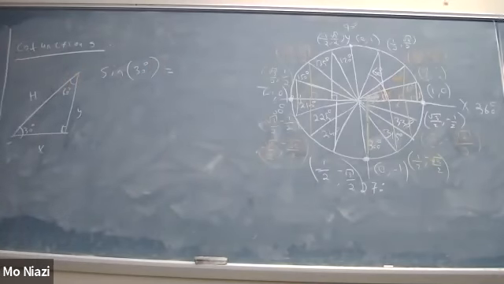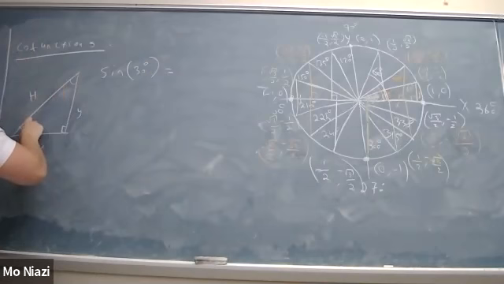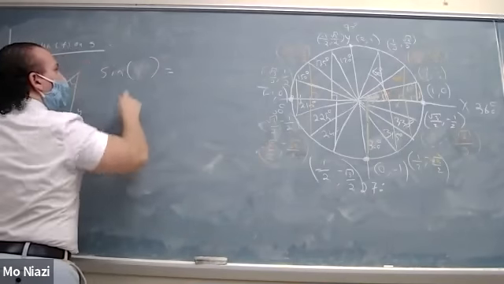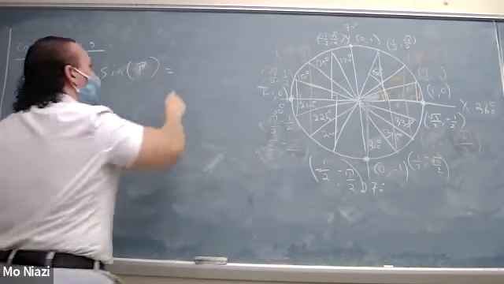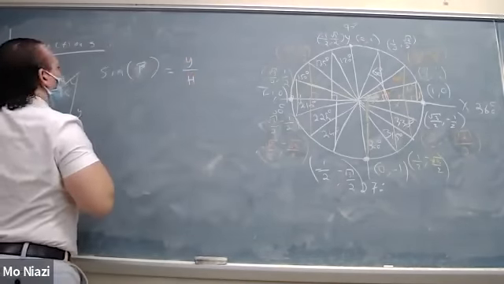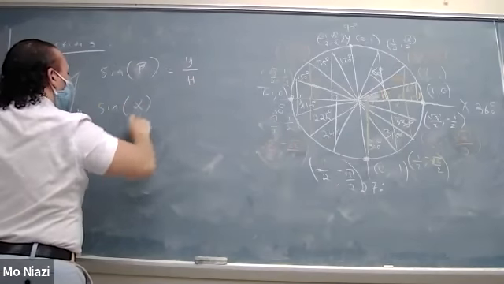Is that how I should be doing it? No, that's not how I'm going to do it. I'm going to call this beta. I'm going to call this alpha. What's the sine of beta? Y over H. Okay. What is the sine of alpha?